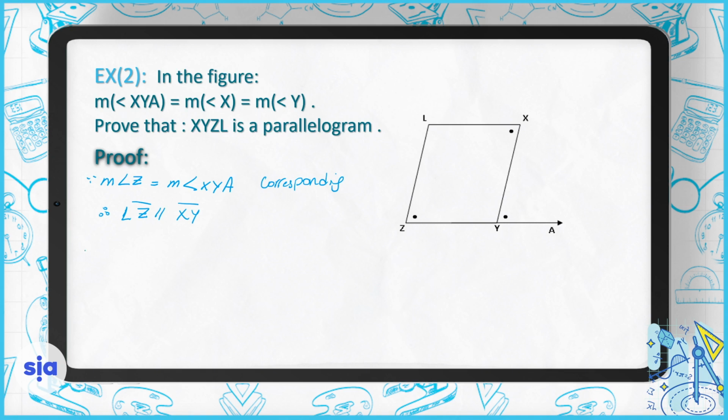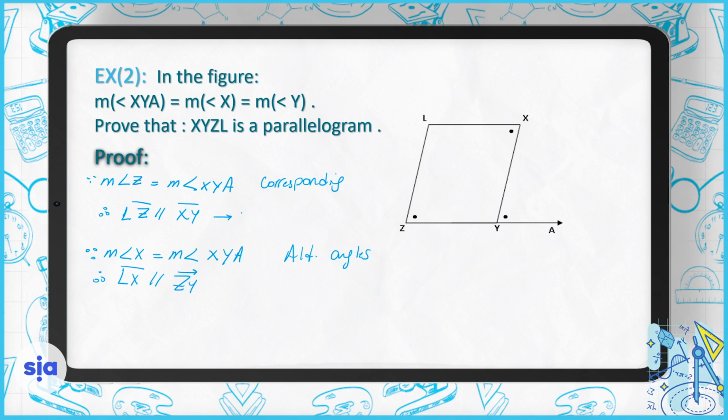Since the measure of angle X is equal to the measure of angle XYA, alternate angles, therefore LX is parallel to ZY.